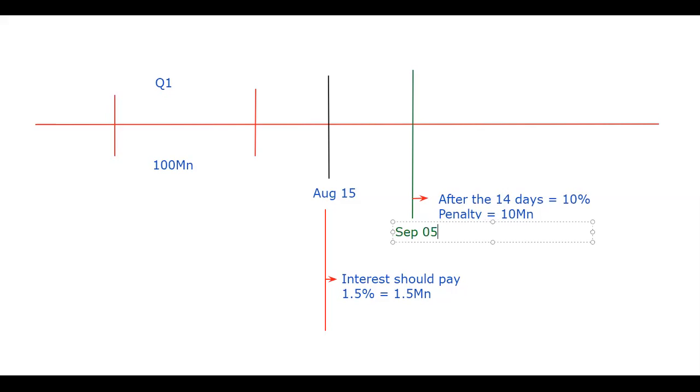Interest is compounding monthly. Then the penalty applies after 14 days. So there is an additional 14 days from the due date that you can take without penalty, but you need to pay interest.